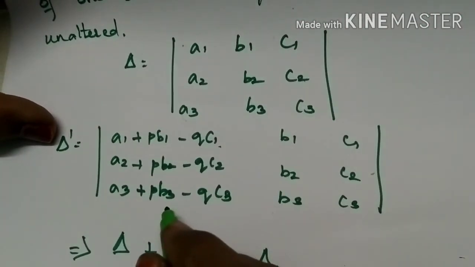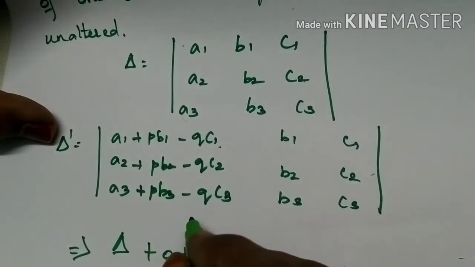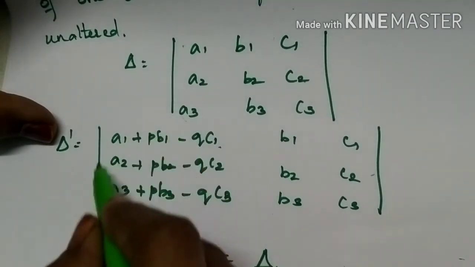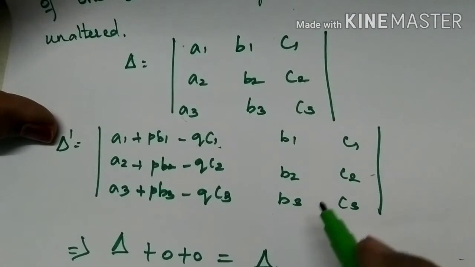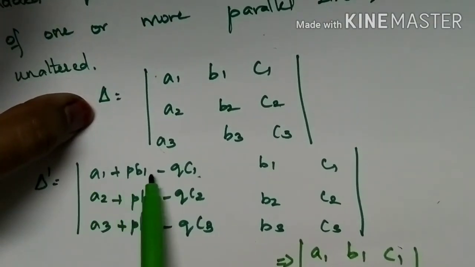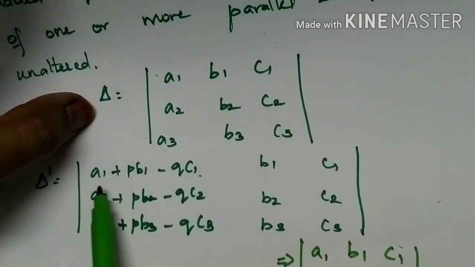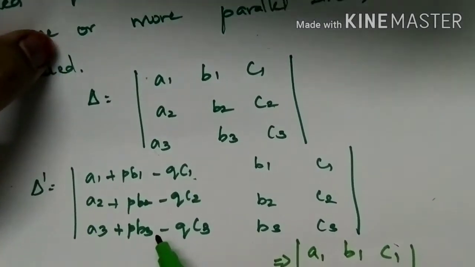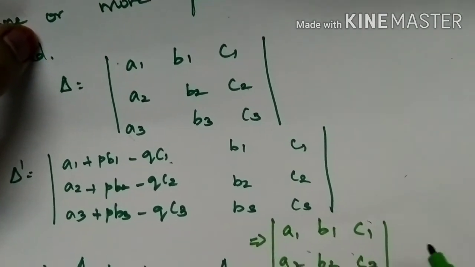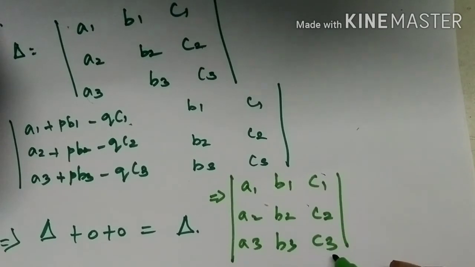How does the determinant remain unaltered after making some changes in it? Let's see. We can expand it separately by using the fifth property. In this, the first column has equal multiples of B1 and C1 added or subtracted. It can be represented using the fifth property as the determinant A1, A2, A3, B1, B2, B3, C1, C2, C3.